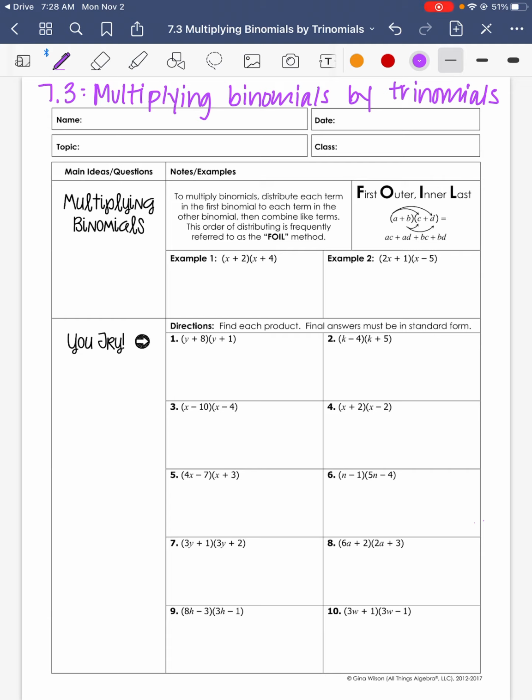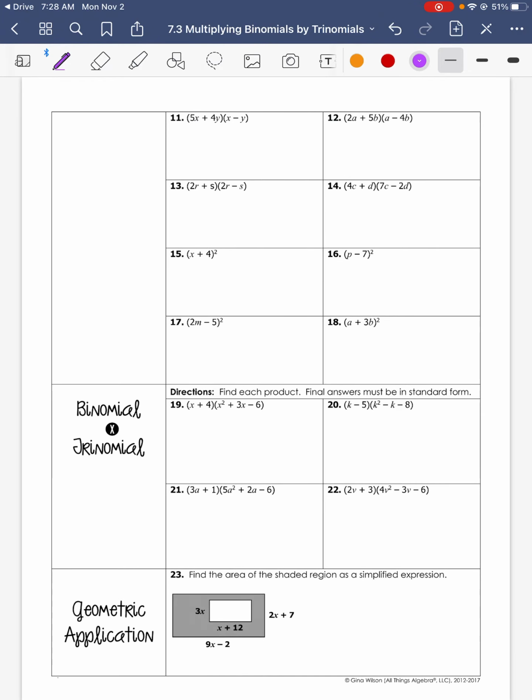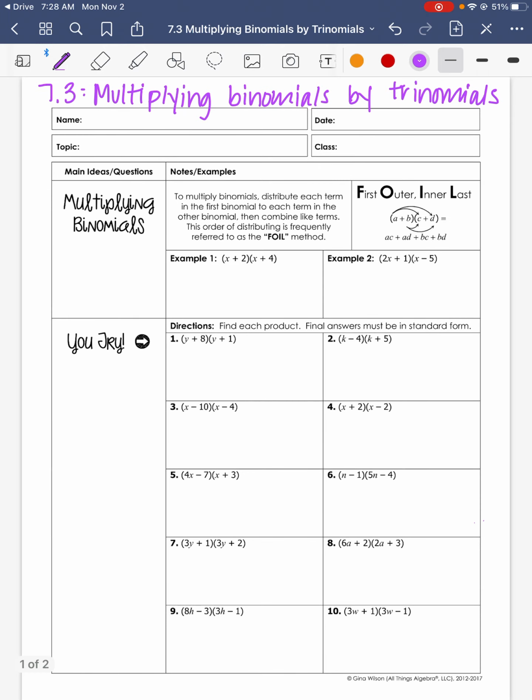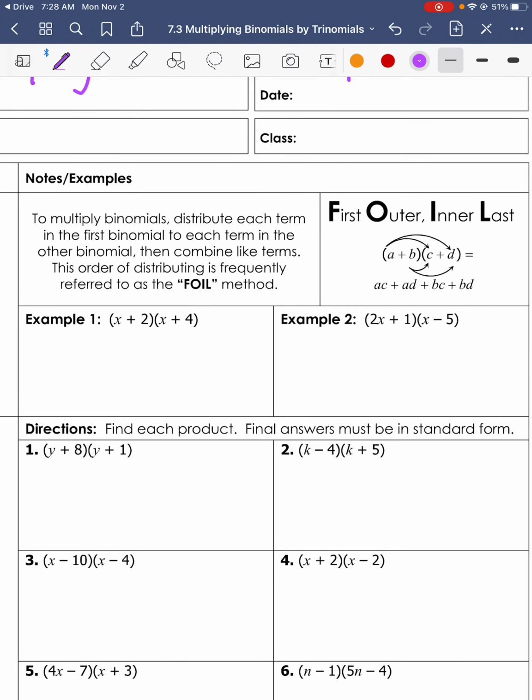So here we are looking at multiplying binomials. Well, first we're going to look at multiplying binomials by binomials, so a two-term by a two-term, and then towards the end here we'll try some binomials by trinomials, and then there's a geometric application here. So let's look at the notes for multiplying binomials by binomials.